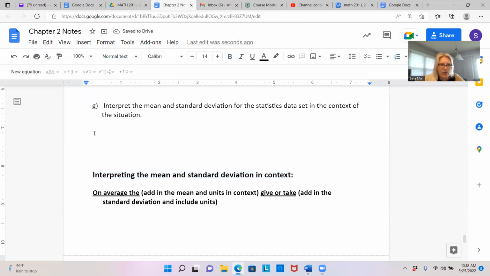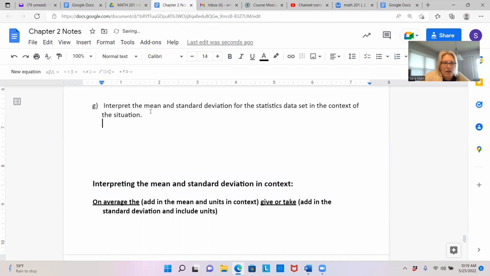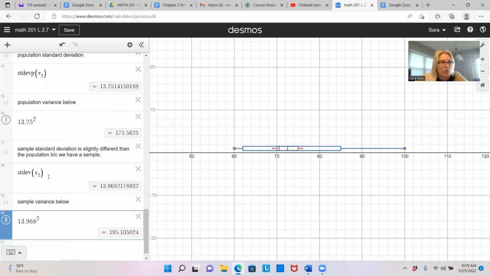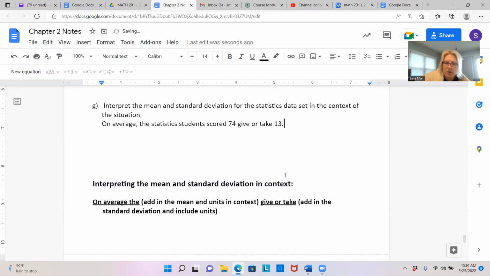We're going to say on average, the statistics students scored 74, give or take, and we're going to use the standard deviation in units. And so the sample standard deviation we said was 13.97. We're going to write give or take 13.97.